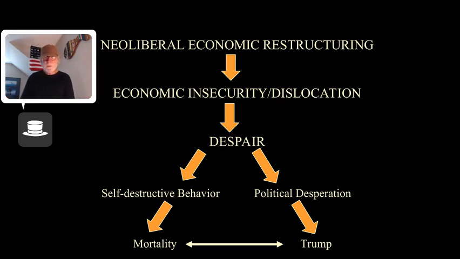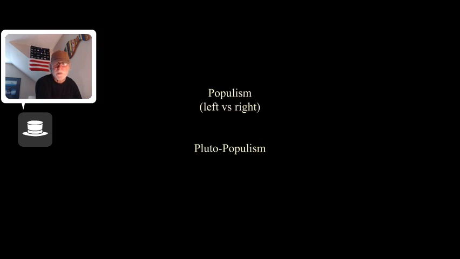I think that has something to do with the voting for Trump. It's not the only factor, but not insignificant. And then self-destructive behavior produces mortality, and we see there's a correlation between the mortality in those counties and the percentage of the vote for Trump. I'm going to skip that because we're getting close to the end.